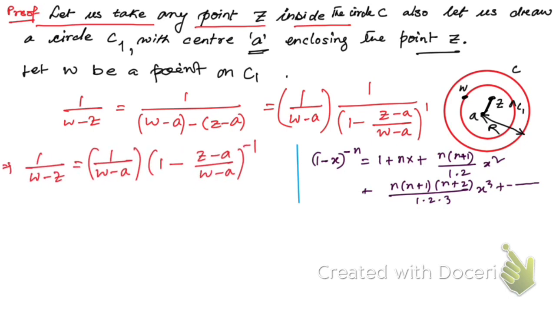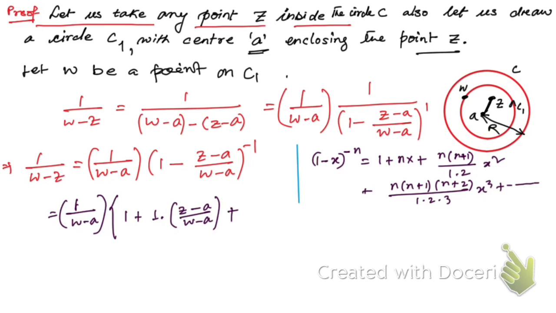So what we're going to have is 1 by w minus a, 1 by w minus a, times 1 plus n, here n is 1, into x, where x is now z minus a by w minus a.